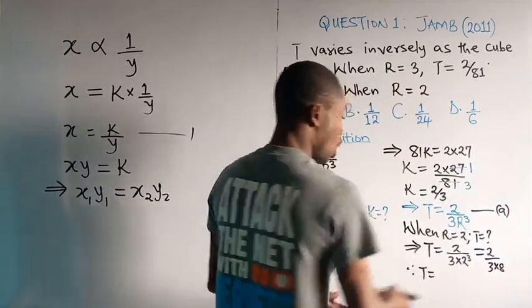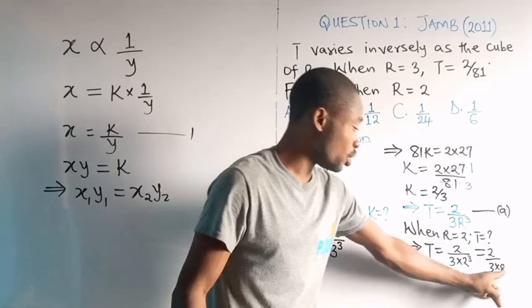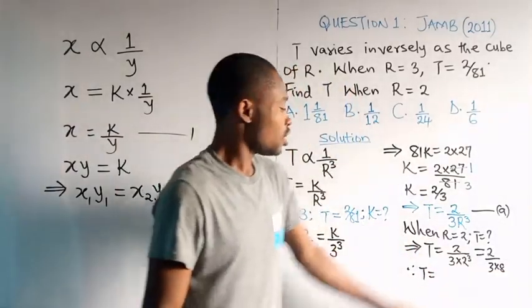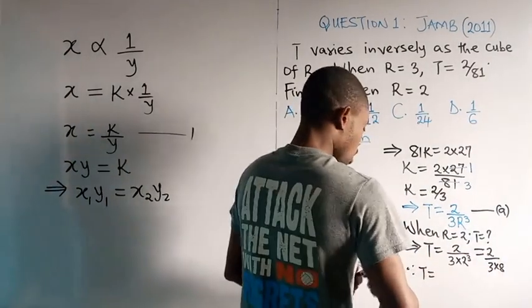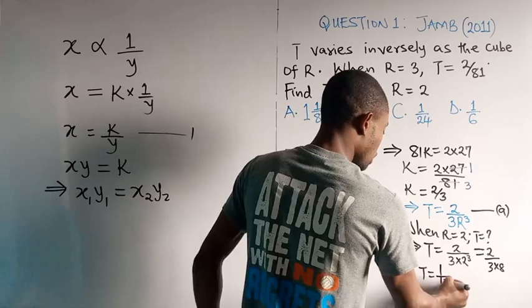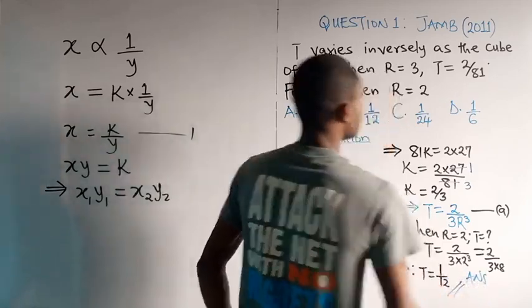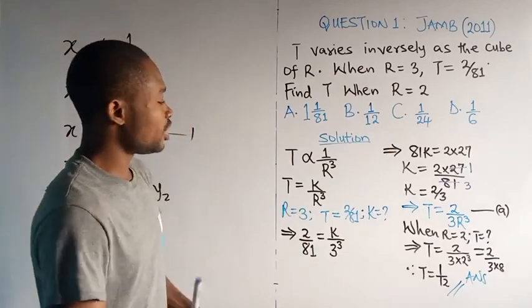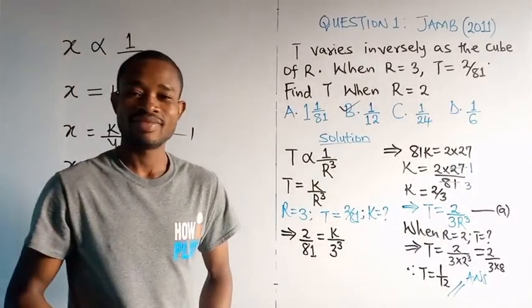Therefore, our t is equal to, let's solve these. 2 can divide 2, giving us 1. 2 into 8 is going to give us 4. So this will become 1 over 3 times 4, which will give us 1 over 12. And of course, this is the value of our t. You can actually go to the options and you find out that the correct option to this question is B.